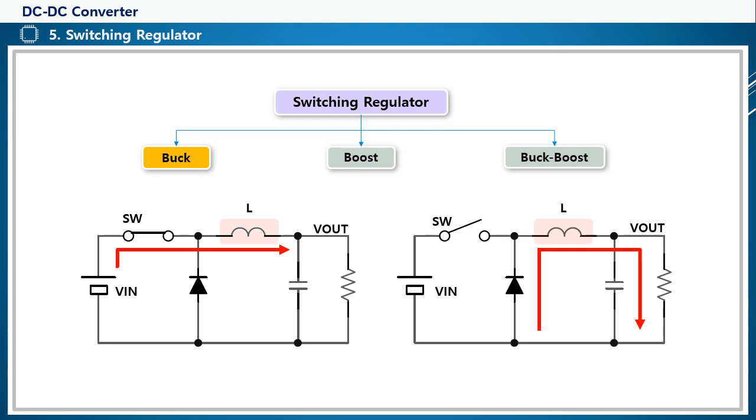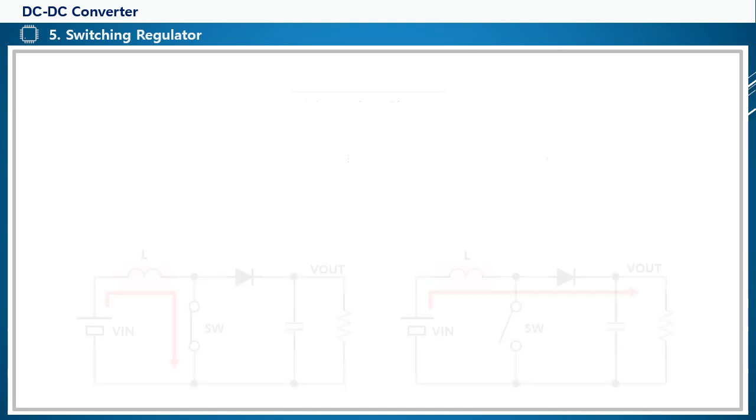At this time, the diode plays the role of creating a discharge path for the inductor. The buck converter is structured to transfer a portion of the DC input to the output, so it is possible to generate a voltage lower than the input voltage. The capacitor at the output stage acts as a smoothing device.